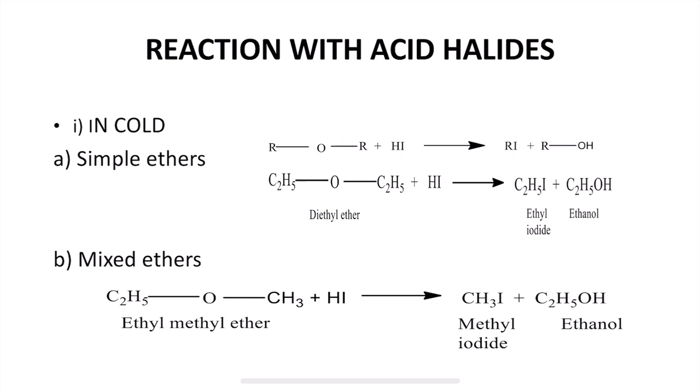That is because the methyl group is a smaller group, so it is going to form methyl iodide. It can easily react with the halide to form alkyl halides, and thereby ethanol is formed. Because of the steric effect of the larger group, iodide attacks the smaller methyl group. So this is about the SN2 reaction.